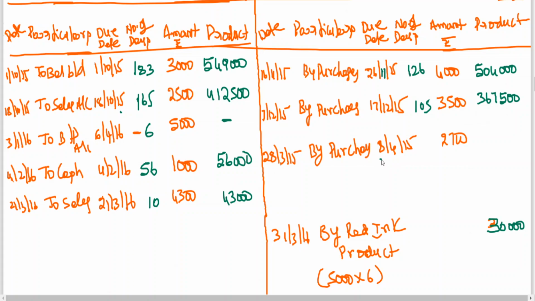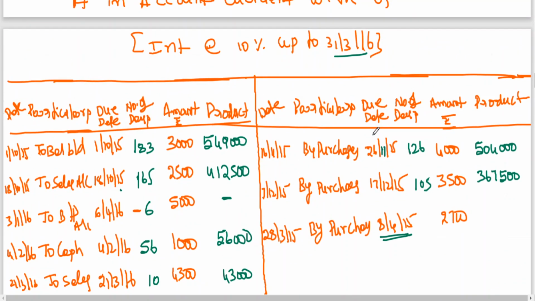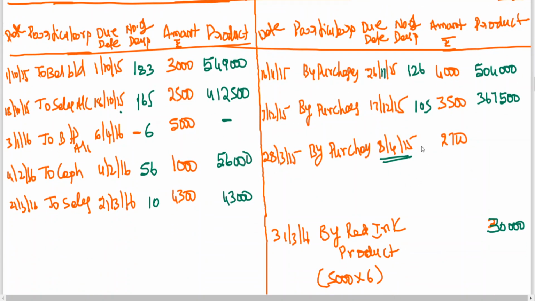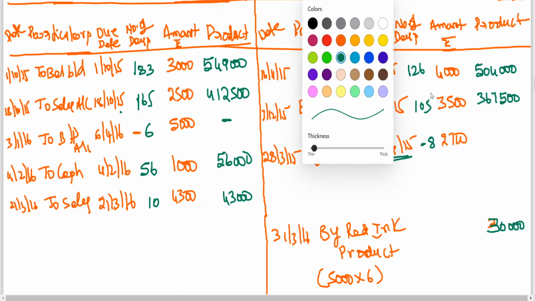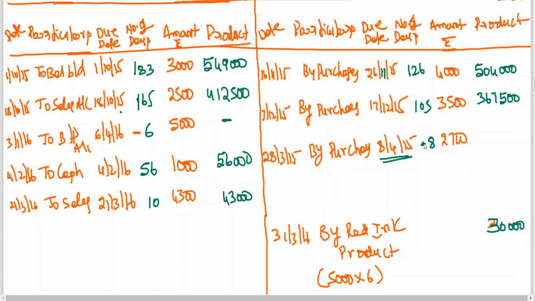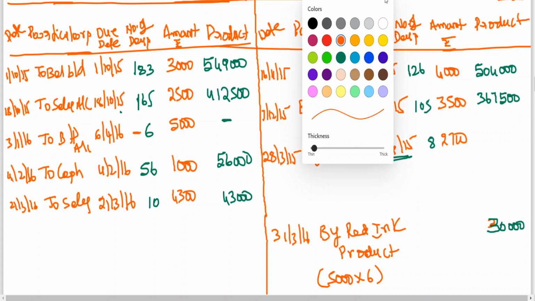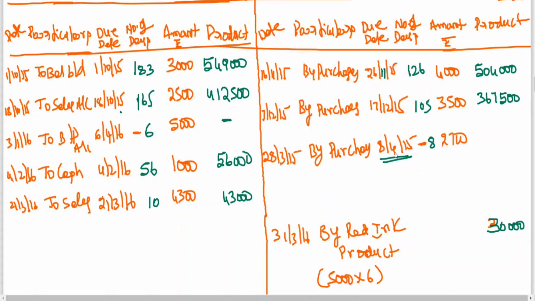Now you can see the due date is 8th April, whereas you are closing the books on 31st March. So 8 negative days, no? Why negative? The reason is that the due date falls after 31st March, the date of settlement. You are getting negative. I told you the credit side negative will be written on the debit side.